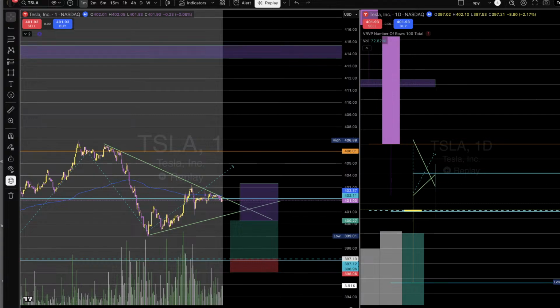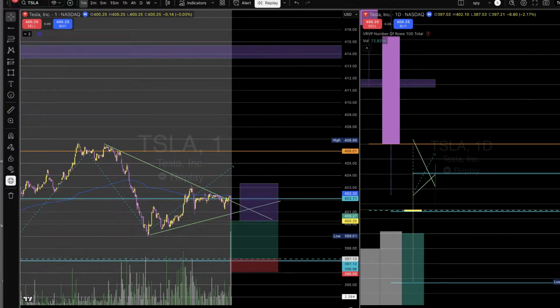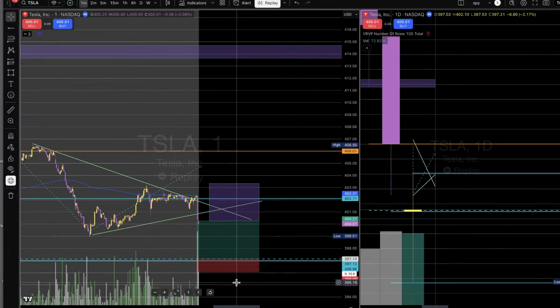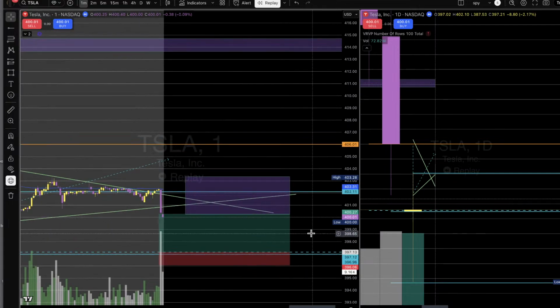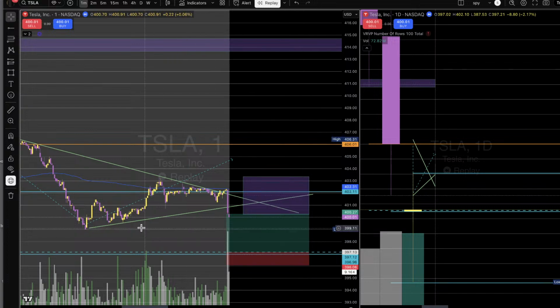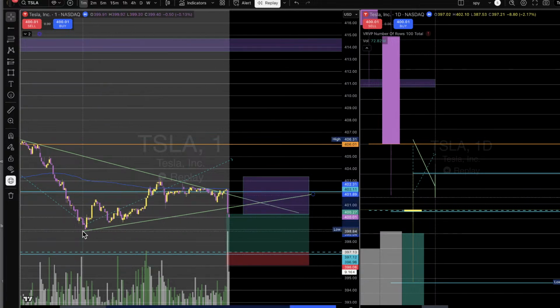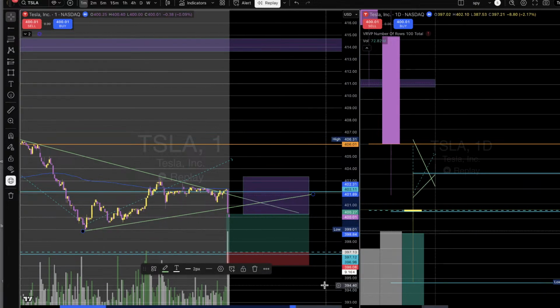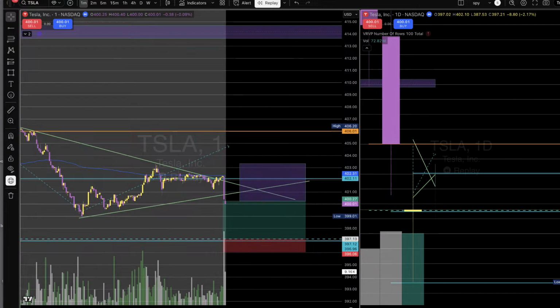Something like that. I need more information. Okay, we got some information, which is it failed the breakout at the top. We're gonna go for a bounce below, bounce here.